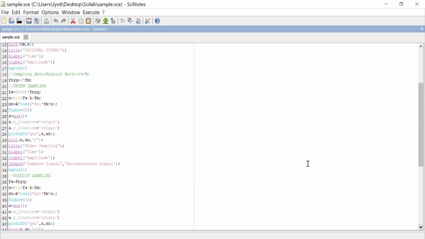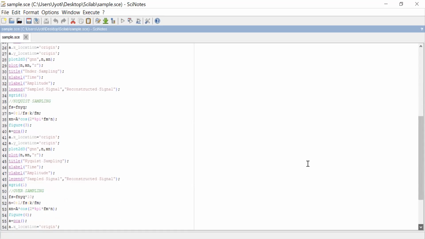Next, Nyquist sampling, that means Fs is equal to 2 Fm. Now I will consider Fs equal to FNYQ. FNYQ I previously assigned as 2 Fm. Therefore, now the Fs value is equal to 2 Fm. For this value, again we need to calculate the cosine wave, then plot this graph.